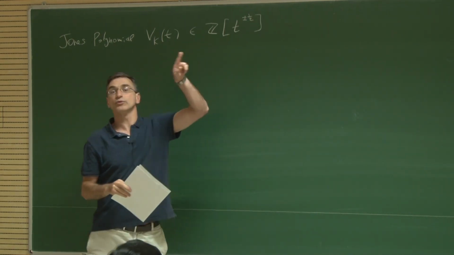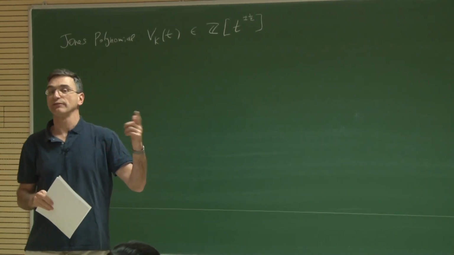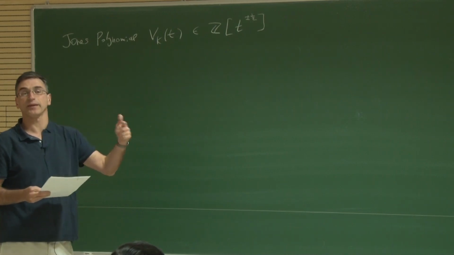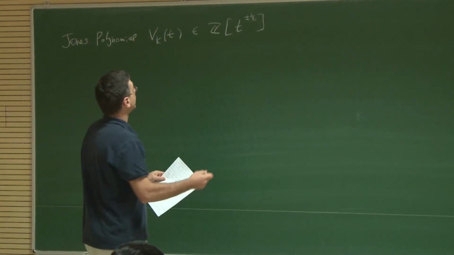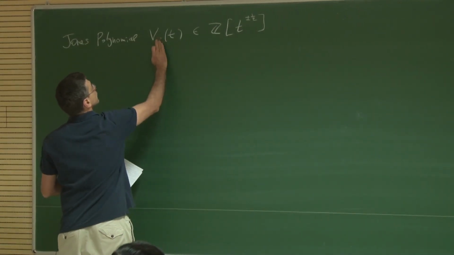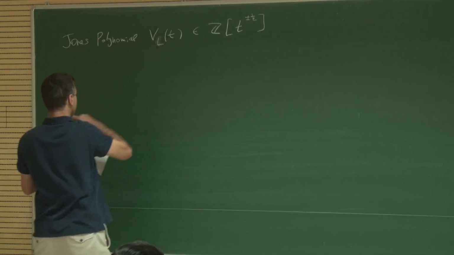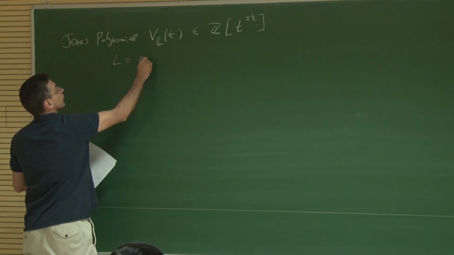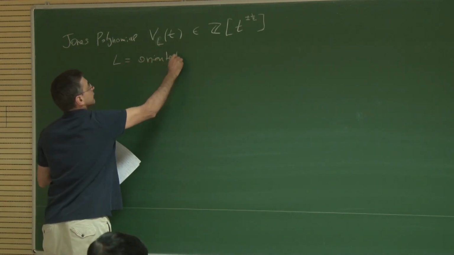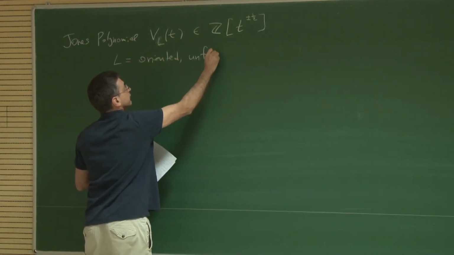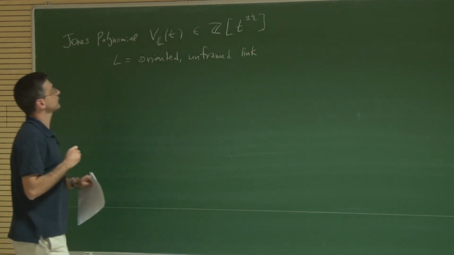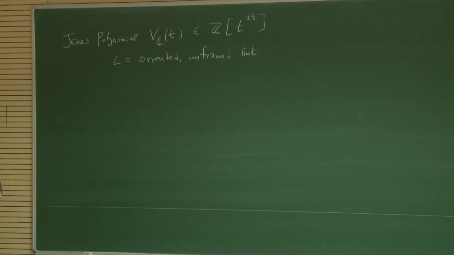You can have square root t's if you have links of an even number of components, judging by the skein relation. In this case, the input L is an oriented, unframed link. So this is the original Jones polynomial and the original variables.